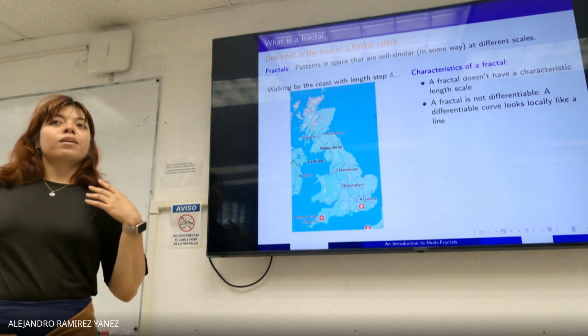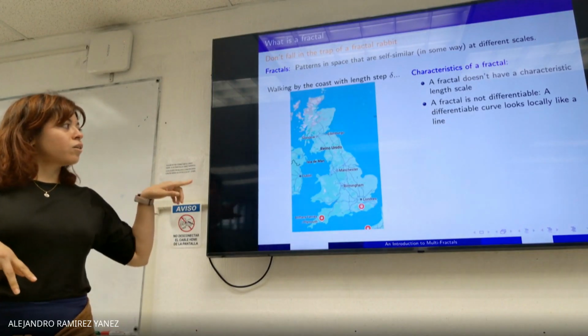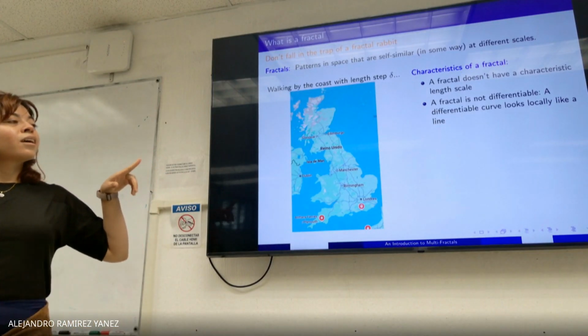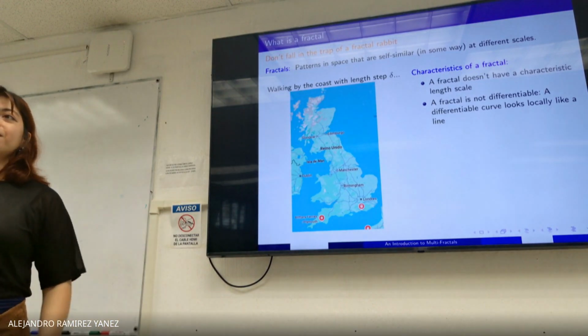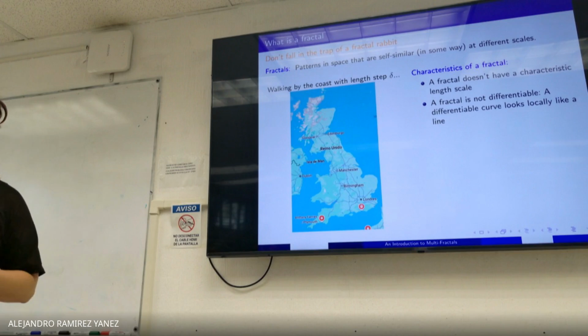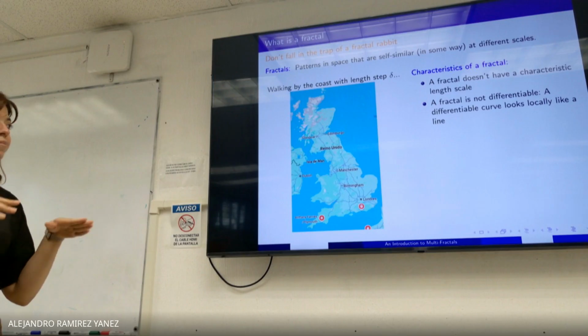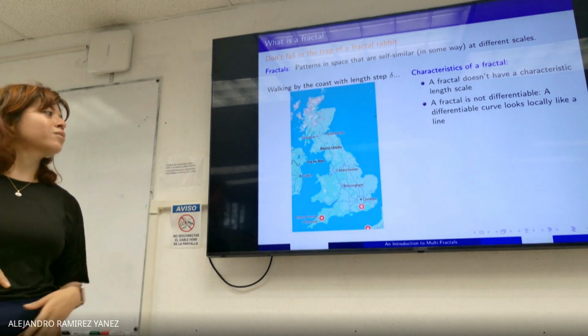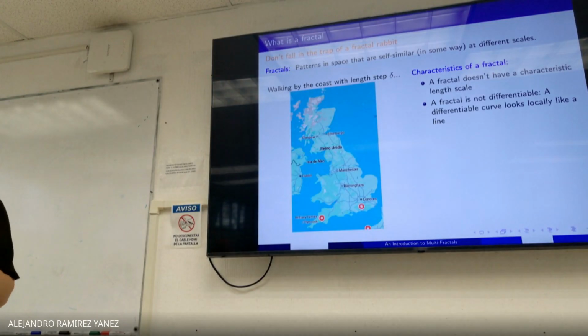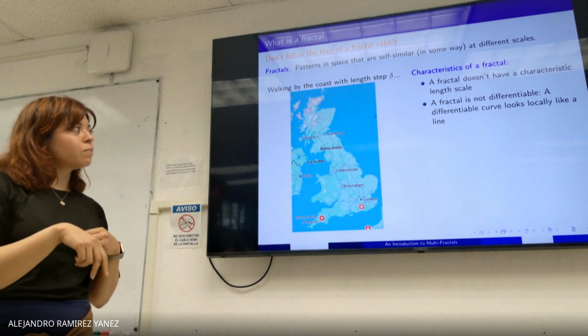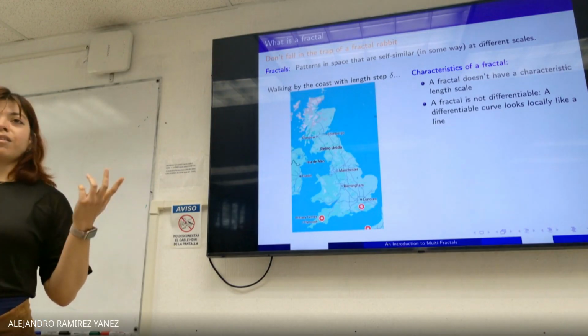Let's imagine we are walking by the coast of the United Kingdom, and you're a very, very big person. Then your steps are big. What you see around will be certain rock formations, rivers, and as you walk with smaller steps, you will see similar things.